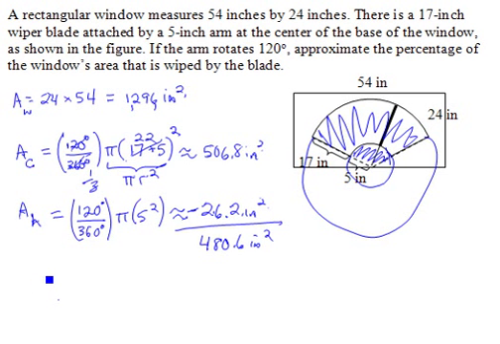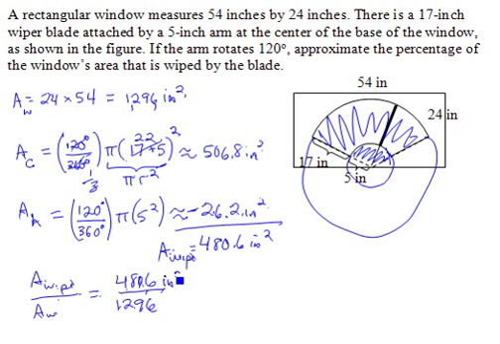All I need to do now to finish the problem is to take that final area, I'll call it A sub wipe, and divide by A sub window. That will give me 480.6 divided by 1,296. Those are both square inches, and in the end that'll give me a decimal.